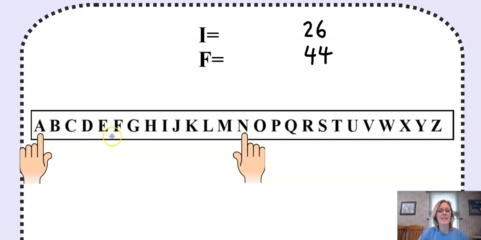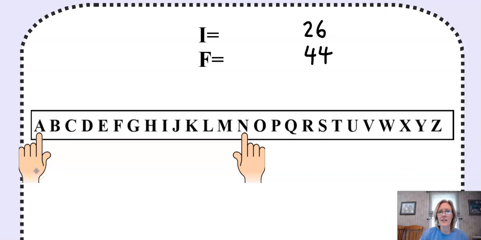A, E, I, O, U. All right. And all of the other letters are called consonants. What are the two middle letters of the alphabet? Do you remember that? M and N are the very middle letters of the alphabet. Good job.